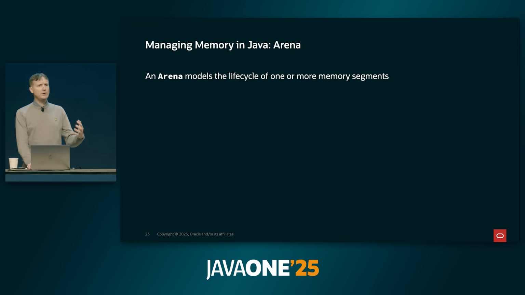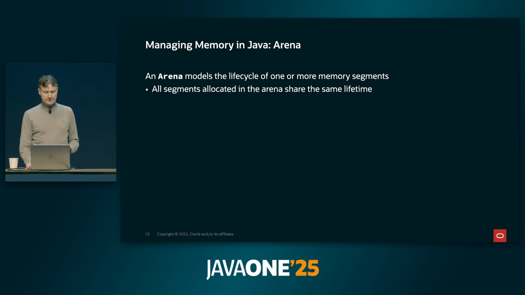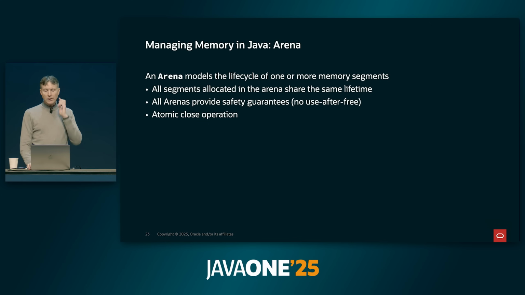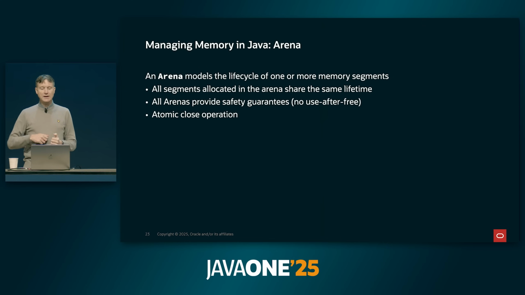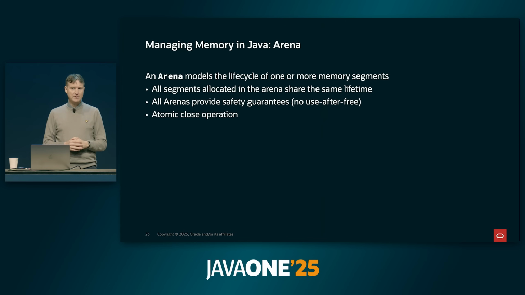You can have an arena, allocate several segments, and they all share the same life cycle. All arenas provide safety guarantees, so there is no use after free, and the close operation of an arena is atomic. If you have 100 segments, they are all atomically closed when you close the arena.